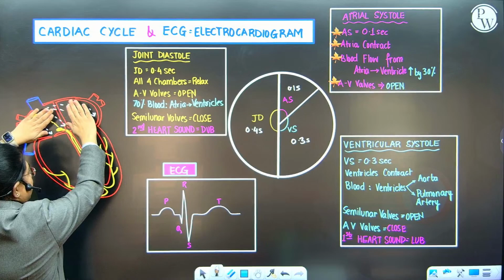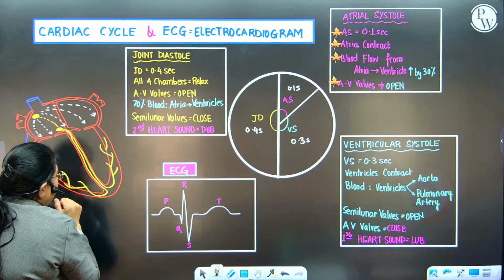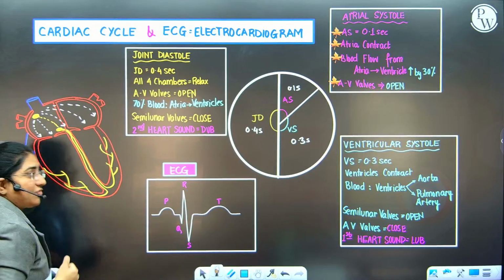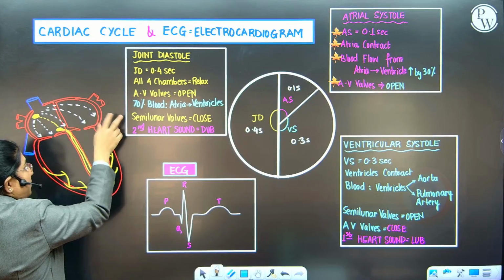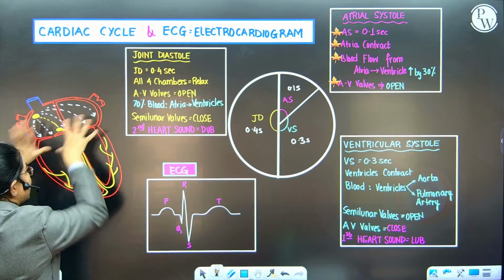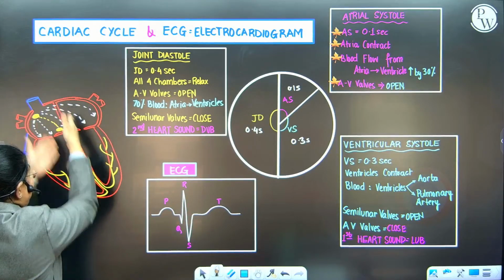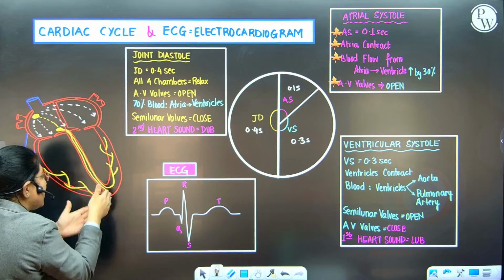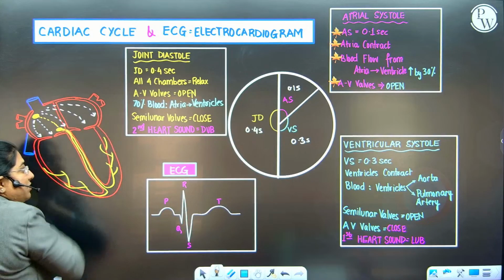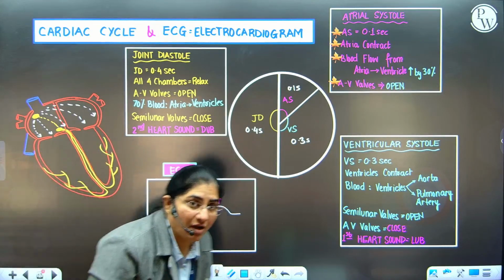Now because the atria are full of blood, and the ventricles are empty because they are beginning to relax, as they begin to relax, there is backflow of blood from the arteries, because of which the semilunar valves close and the pressure gradient causes the AV valves to open. As the AV valves open, 70% of the blood goes from the atria to the ventricles because of the difference in pressure gradient, and the semilunar valves closing produces the second heart sound, called dub.